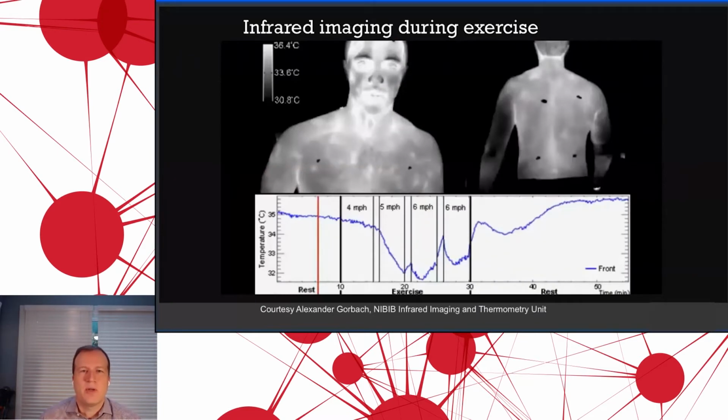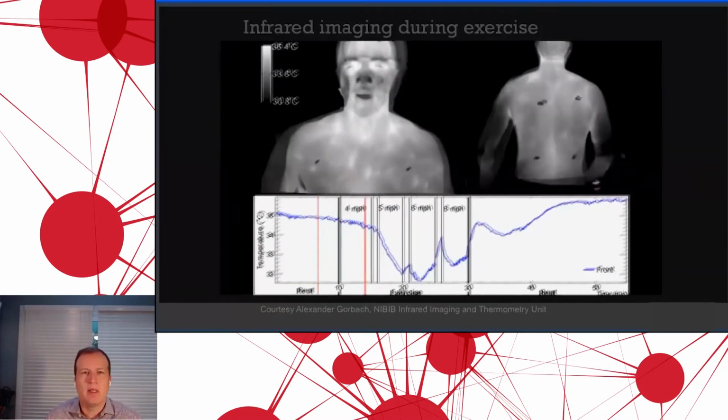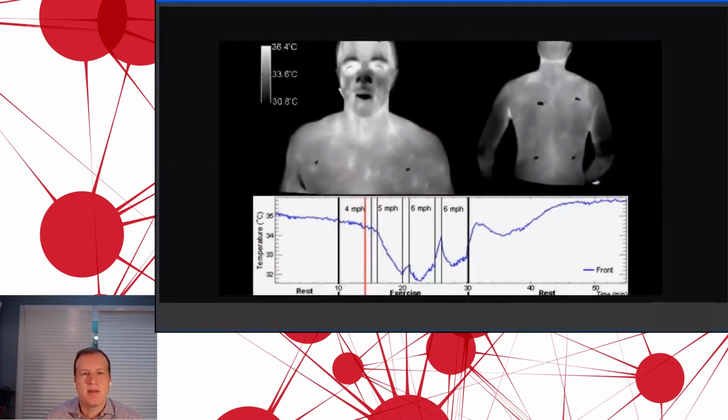And just to show you how vascular flow is not uniform throughout the skin, this is vascular thermography using infrared imaging. And this is a young healthy volunteer who's in our infrared imaging unit here at the NIH. Excuse me, this man is on a treadmill. And so we're going to look at the temperature of his skin as he begins moving along and exercising on the treadmill. So you can see overall his temperature is decreasing, particularly his nose and lips.